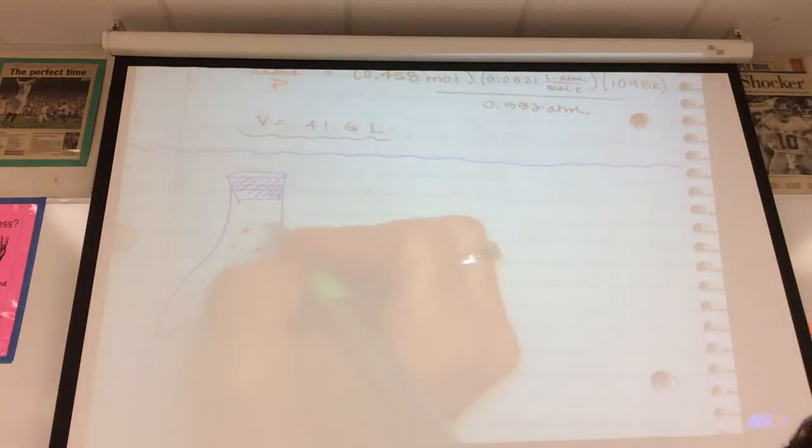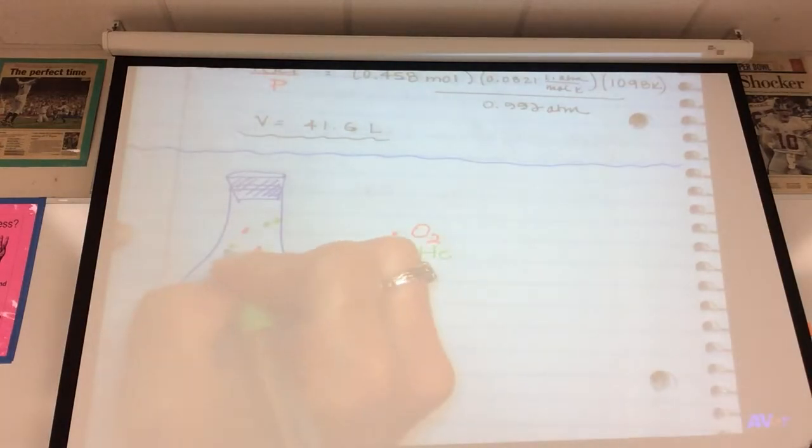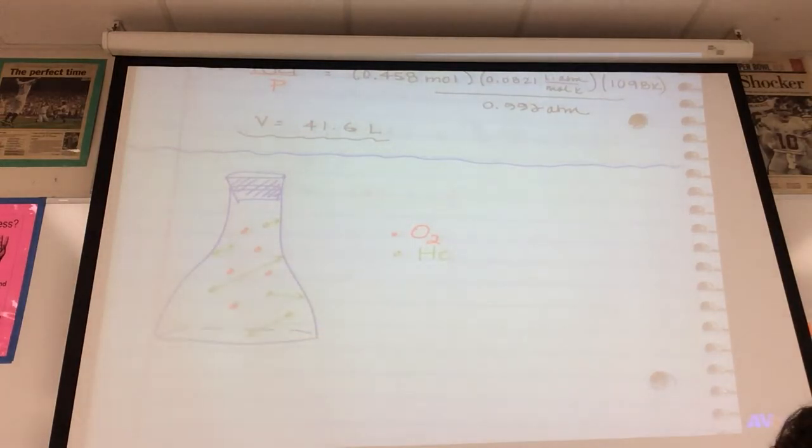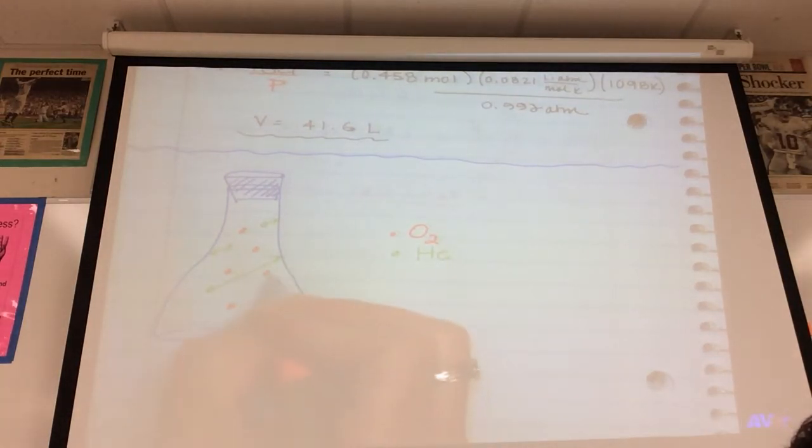The gases move in a straight line fashion, colliding with the walls of the container and sometimes with one another, but they're not attracted to one another in any regard under ideal conditions.